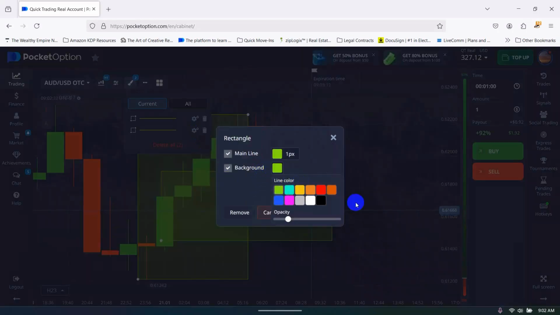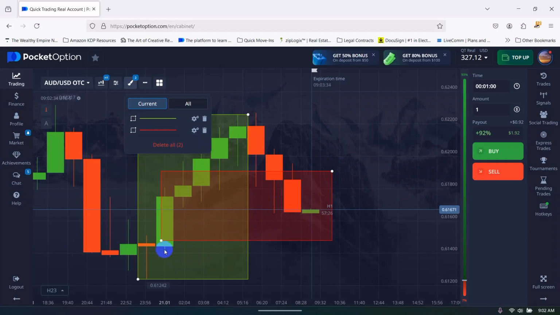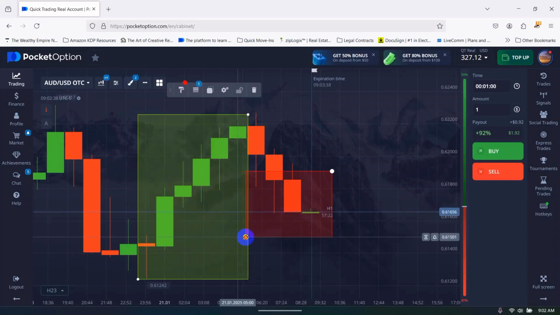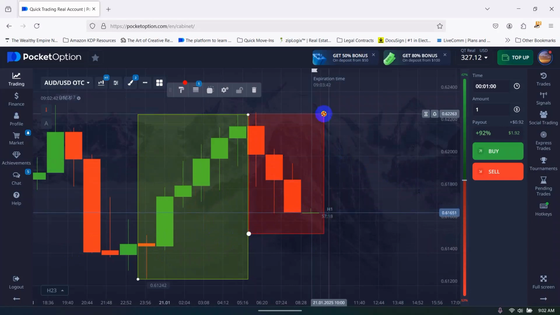Background is red. Okay, and the main line is red. Okay, and then we're gonna hit save. So this would be one big red candle, right?